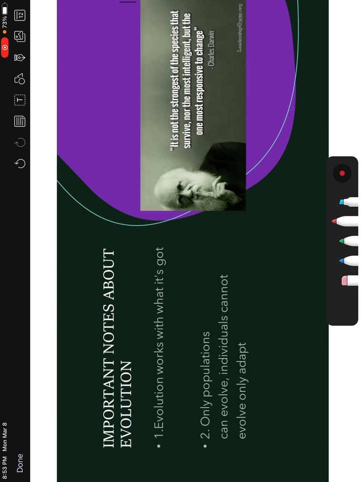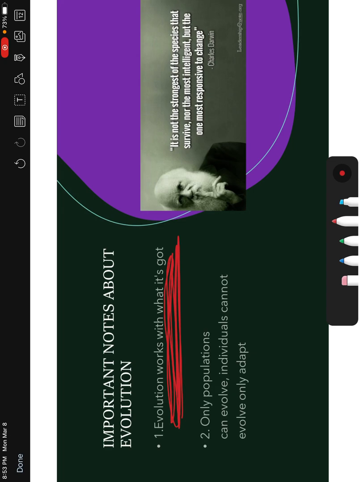Okay, so a couple important notes about evolution. First thing to note is that evolution works with what it's got. All that we're saying here is that evolution is not a process where random events like the growing of an eyeball just happen. You're not going to be looking at a microbe and then the next day that microbe is going to have an eyeball. That's not how it works.